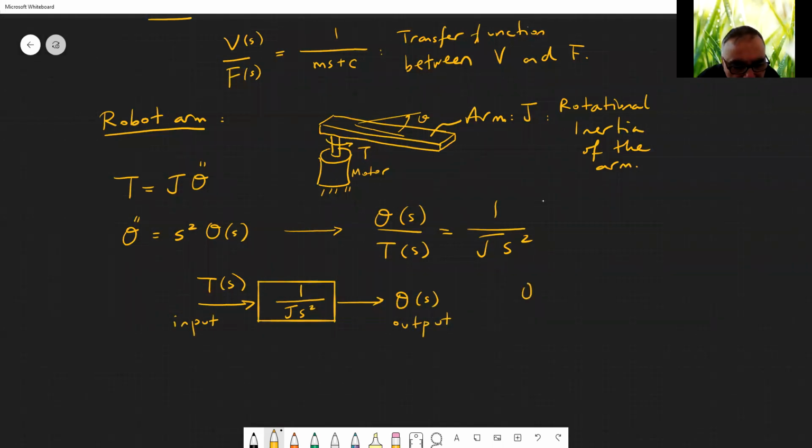So you can write, for example, theta of s is equal to 1 over J s squared times T of s. As you see, output is equal to input times the thing that transfers it to the output. So this is the output.